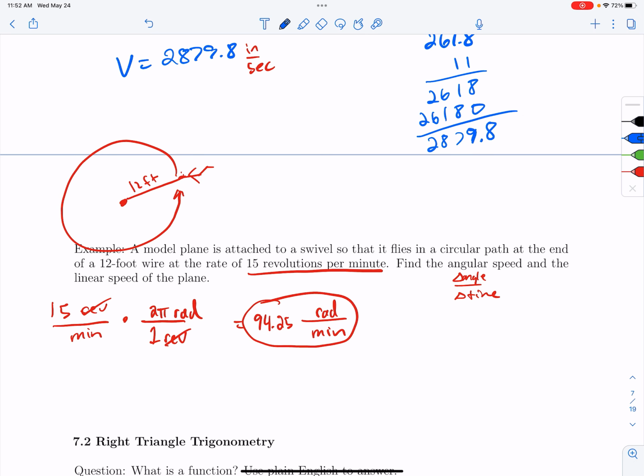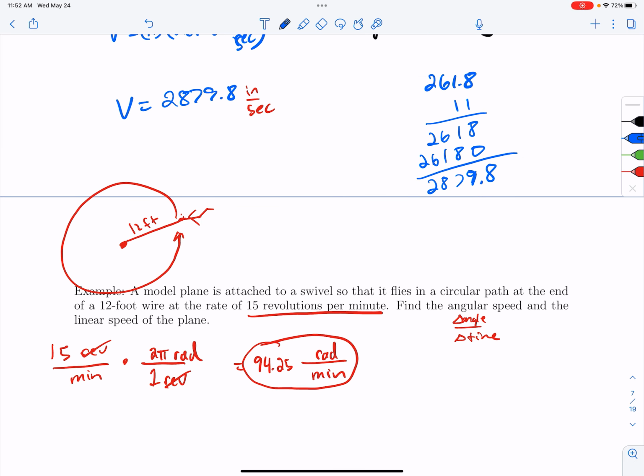For the linear speed, remember that's the change in distance divided by the change in time. So I'm still going to start with 15 revolutions per minute, and I want to end up with some distance. I'll use feet because that's the unit for the radius.